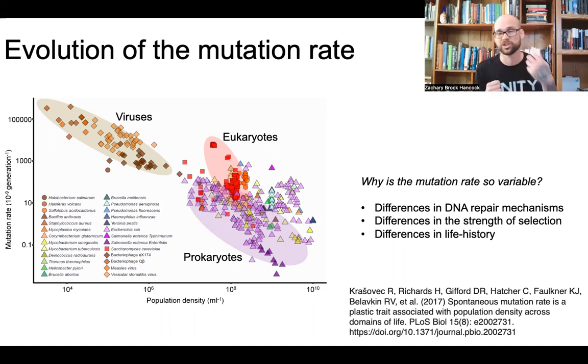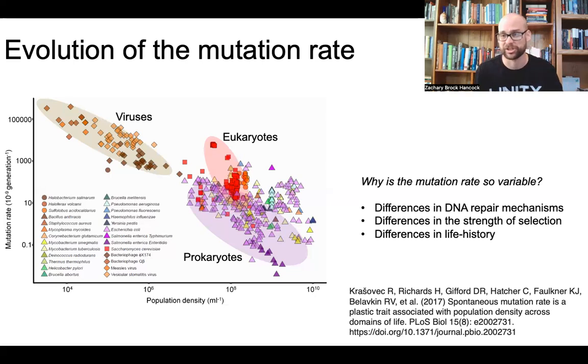So remember, selection and drift are kind of always battling it out. And who wins is determined by how big your population is. So the bigger the population is, the stronger selection is, because selection is able to overcome the stochastic fluctuations in frequency every single generation that's caused by genetic drift.